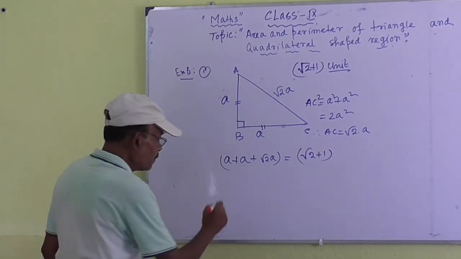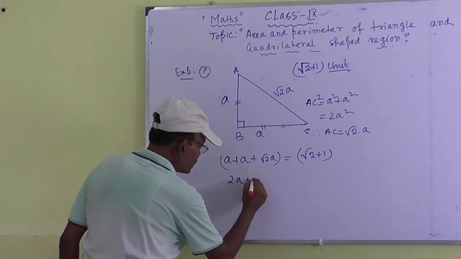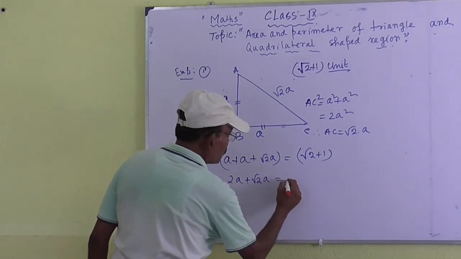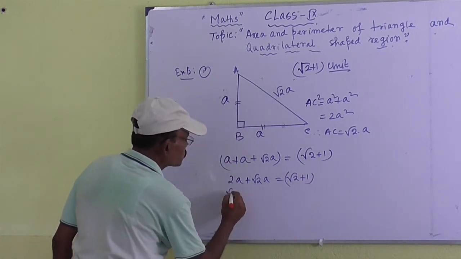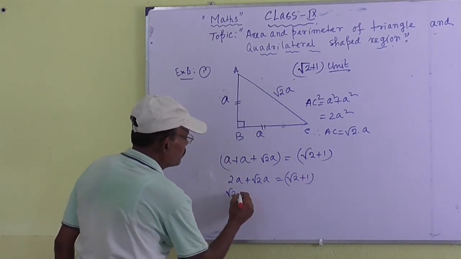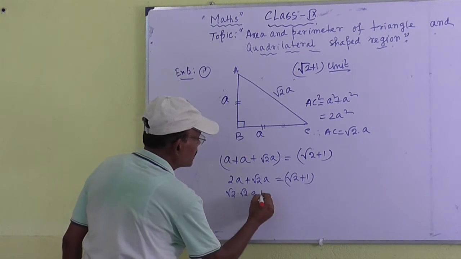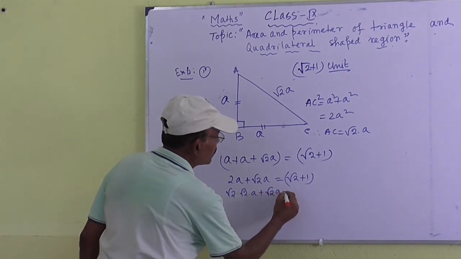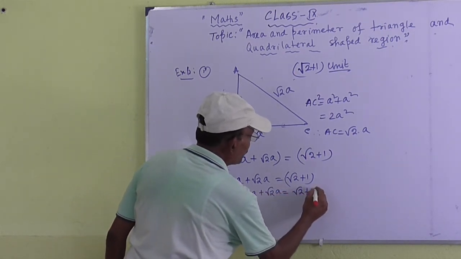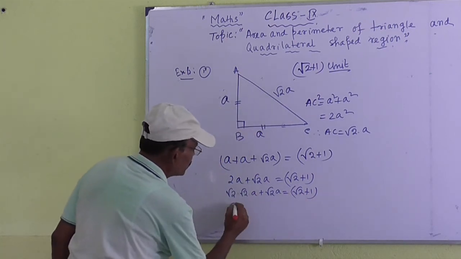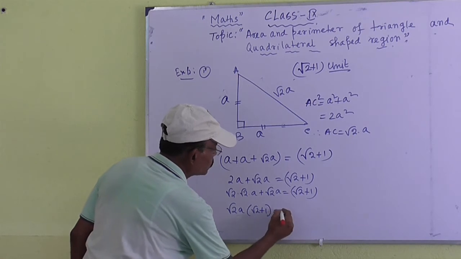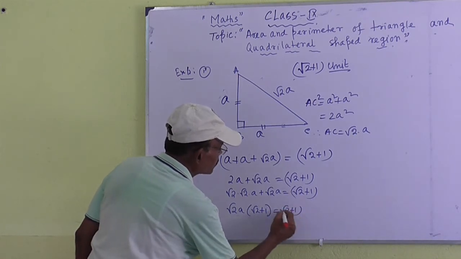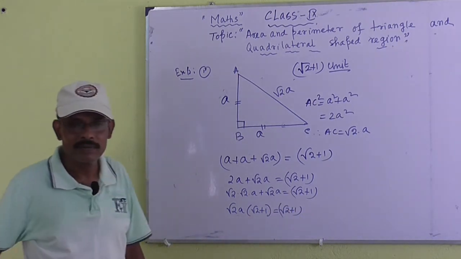Accordingly, clear. So, 2A plus root 2 into A equal to root 2 plus 1. If we take common, root 2 into A equal to root 2 plus 1. Okay.